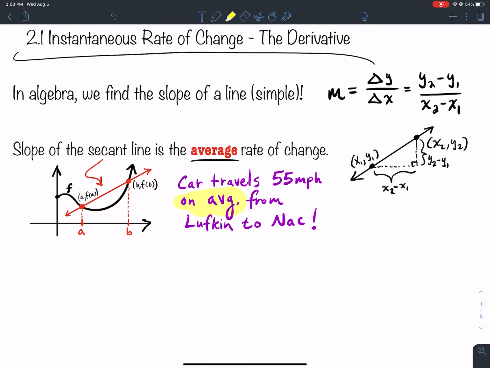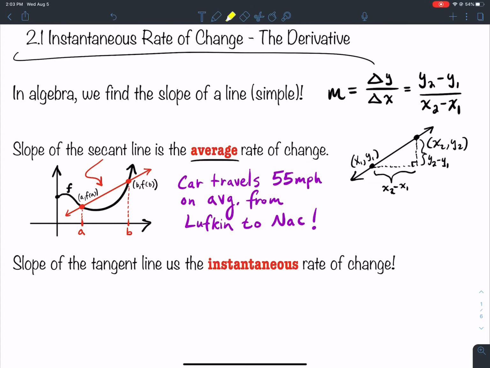So that slows your total average speed down. So this is the 55 miles per hour on average. Now, that's not too hard to calculate, right? We calculate the displacement, divided by how long it took us to get there, okay?